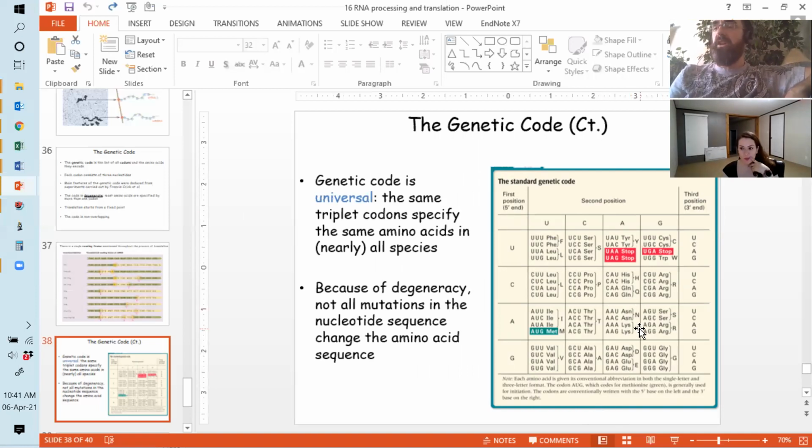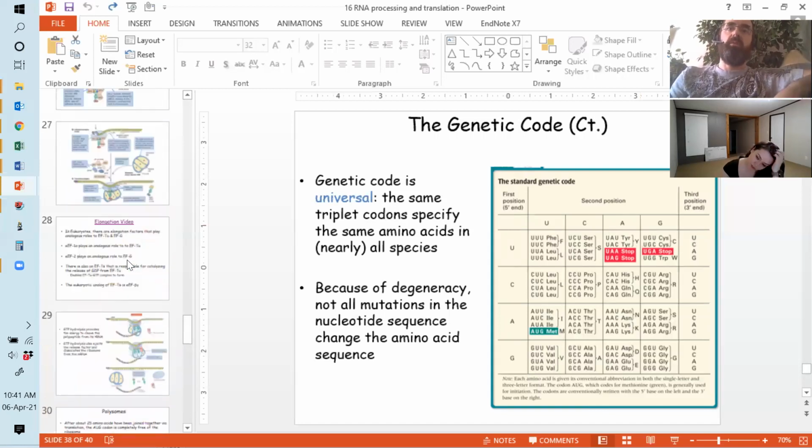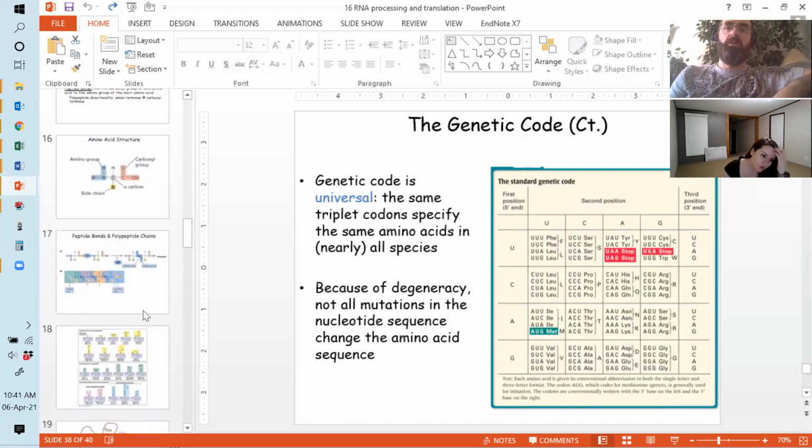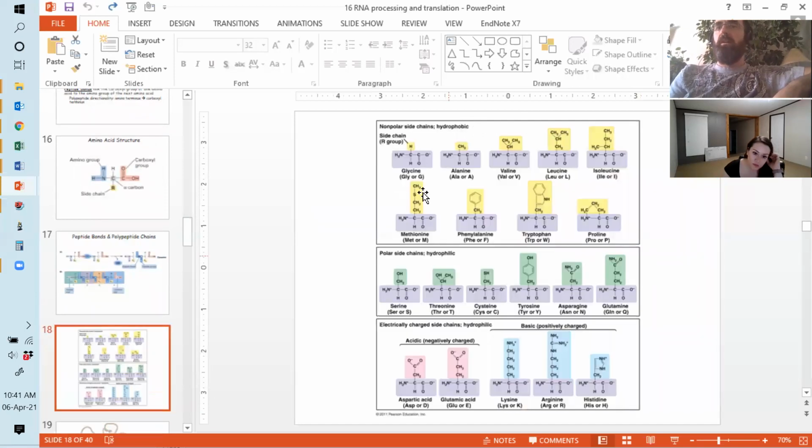And even if it does change the amino acid, depending on what that change is, right? If you go from, I don't know, glycine to alanine, for example, maybe that doesn't produce any difference functionally in the protein, right?